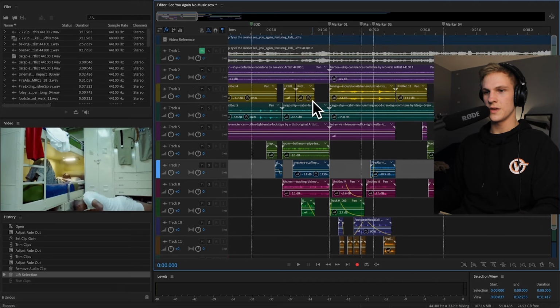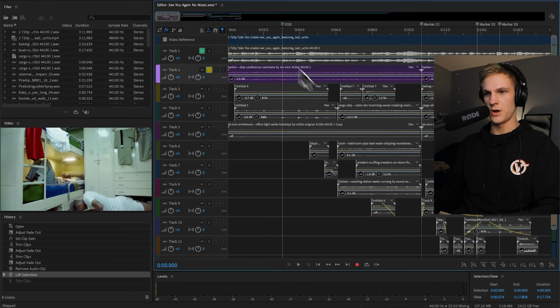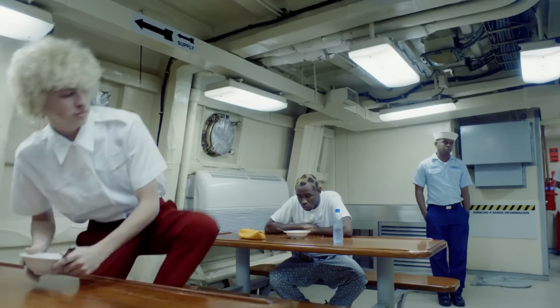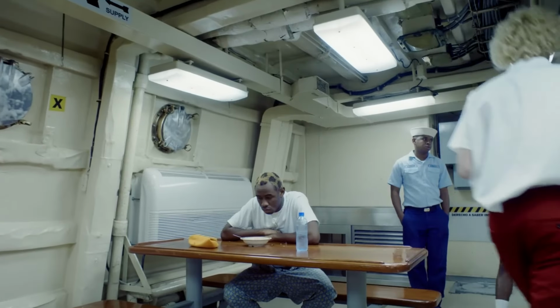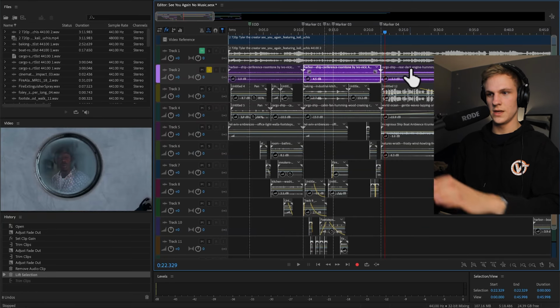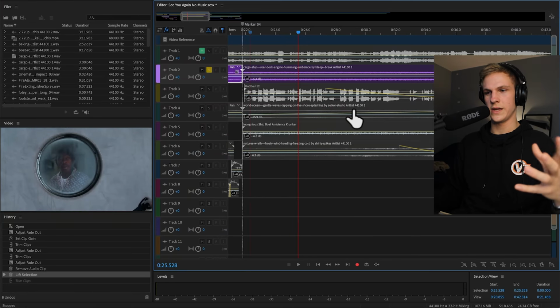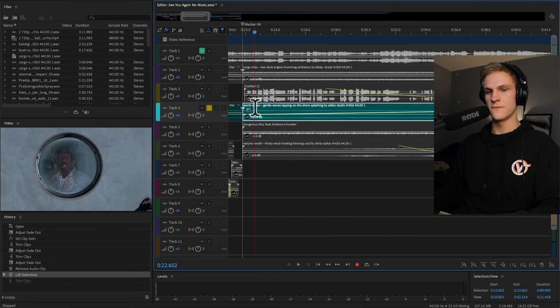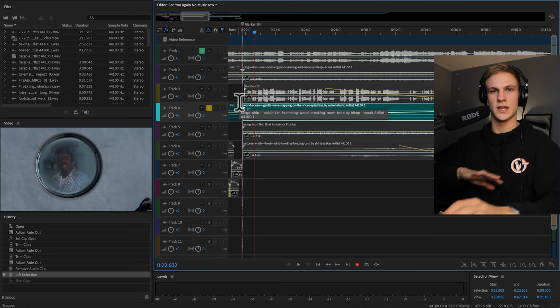So first with the ambience, I have this one, which is from Artlist. And I have it playing again here. And then on the ambience on this part, when he's looking out through the bay window, I have this airy machine engine hum. And then I also have this one, which is for the water that's splashing against the boat.